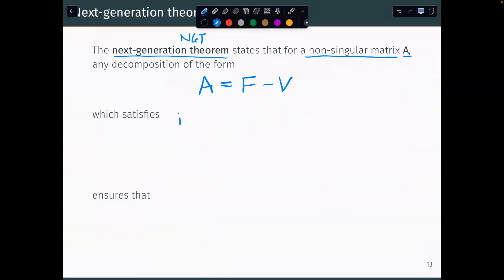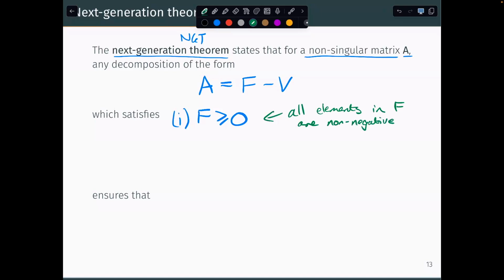These matrices have to satisfy a few criteria, though. One of them is that our F matrix has to have all of its elements non-negative. The second is that the spectral bound of minus V has to be negative.